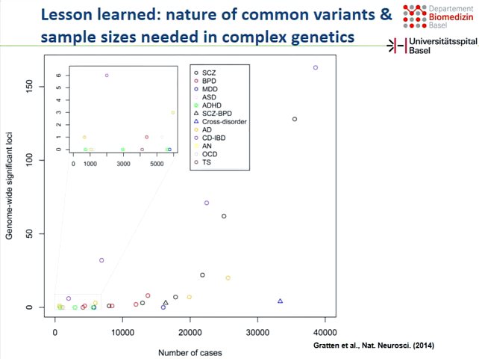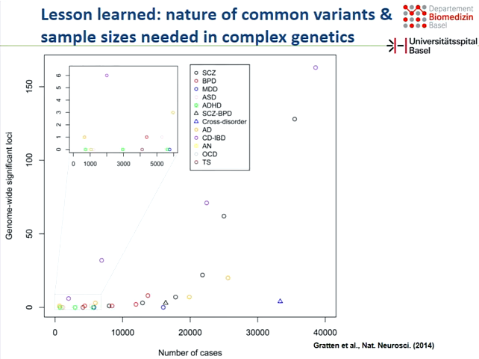So this is a blow-up of this part of the graph here, and you see for these different neuropsychiatric disorders, you have in this range maybe 1, 2, 3 genome-wide significant hits, so you don't see much. But then comes a sort of inflection point, and if you increase the sample numbers further, then you start seeing more and more genome-wide significant hits. And I think that was mentioned by Jason already.